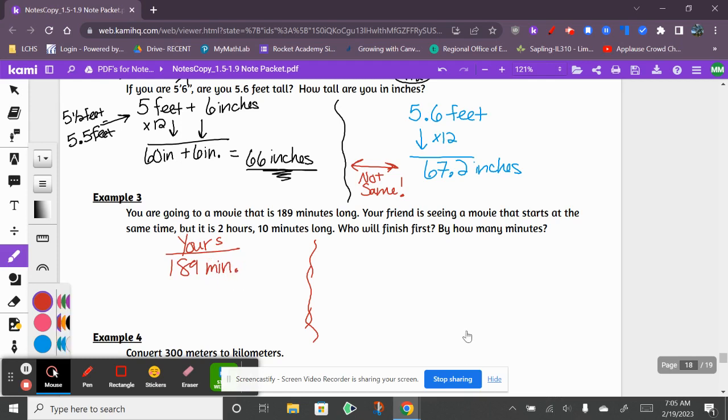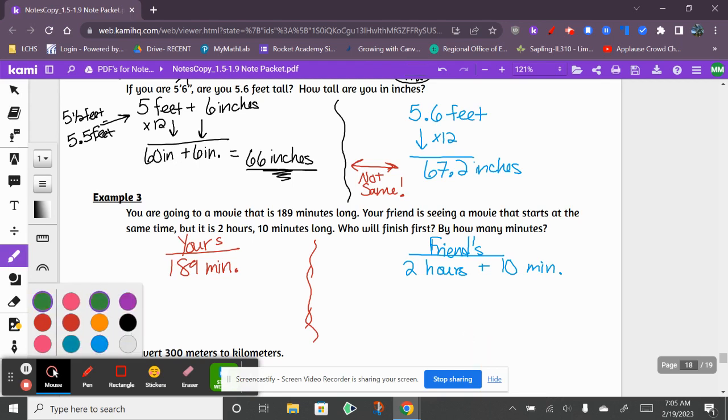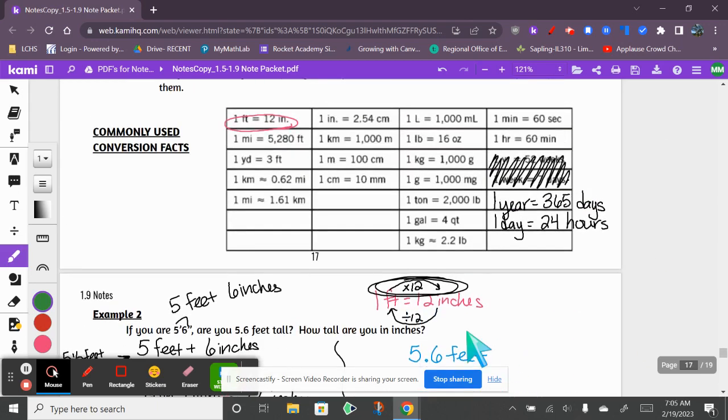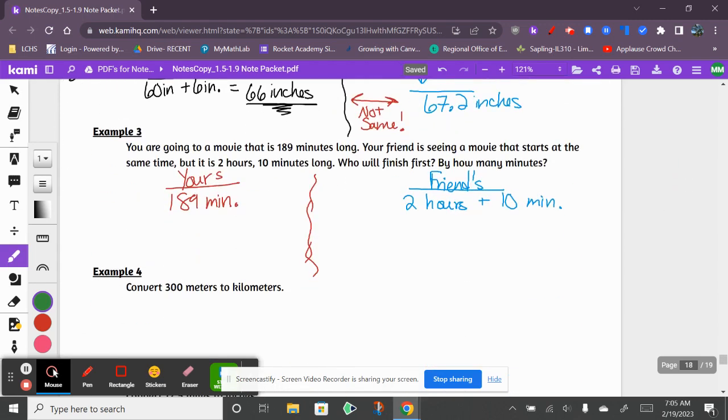Your friend's movie is 2 hours plus 10 minutes. So we want to convert this so everything is in the same unit. The only thing that's not in the same unit is going to be the 2 hours here. So I'm going to look for a fact that uses minutes and hours. And I'm going to find that right here. 1 hour equals 60 minutes.